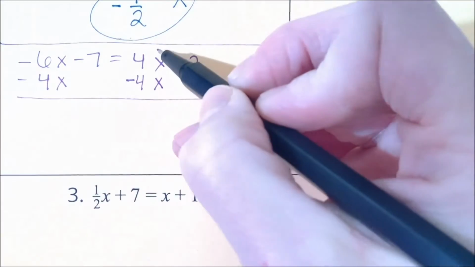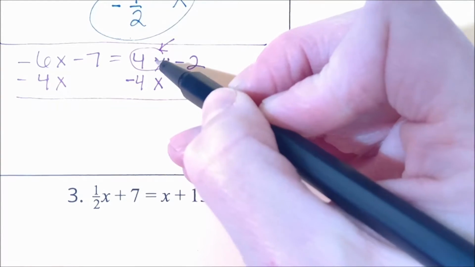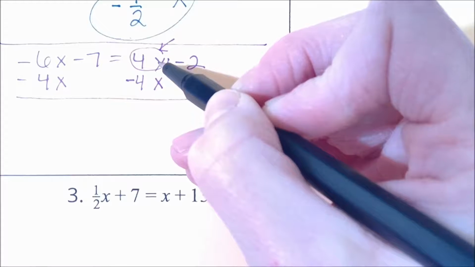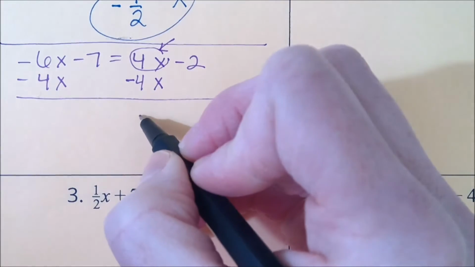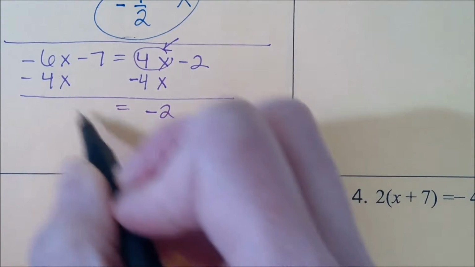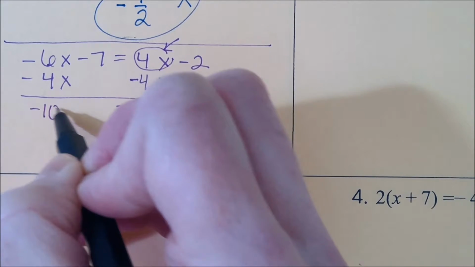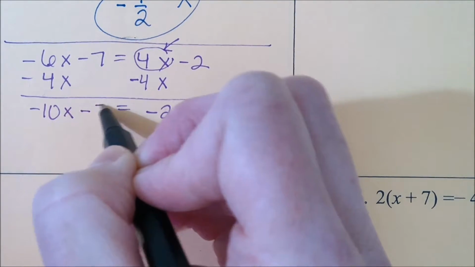If I'm trying to eliminate this piece, I'm going to add the opposite of it because 4x and -4x make 0. So I'm left with -2 on the right. On the left, I get -6 and -4, which is -10x minus 7.